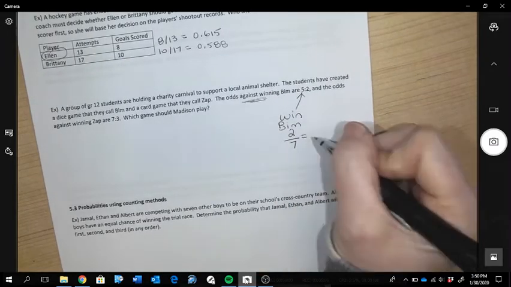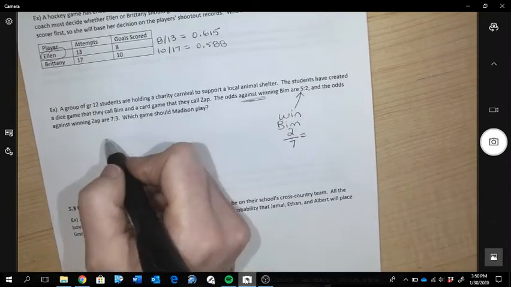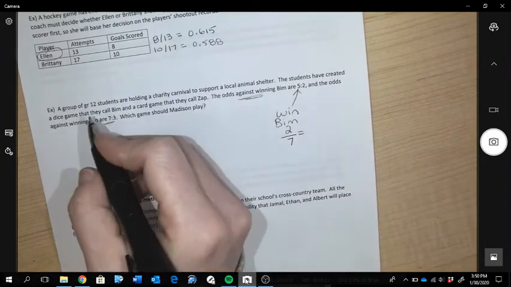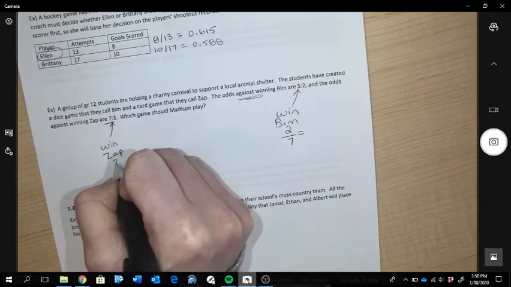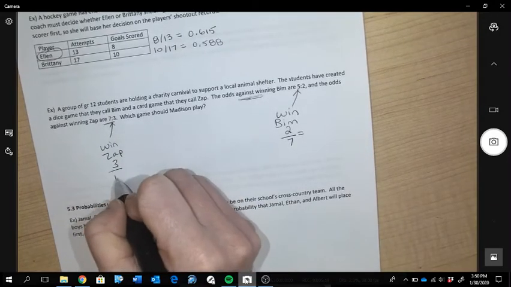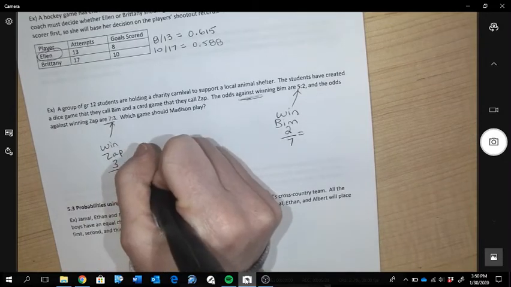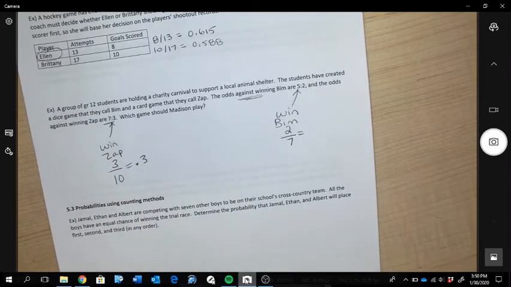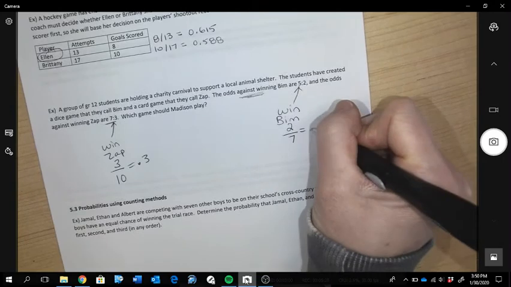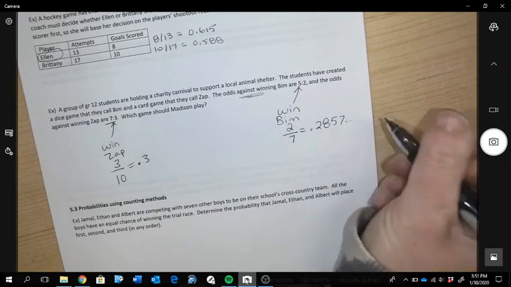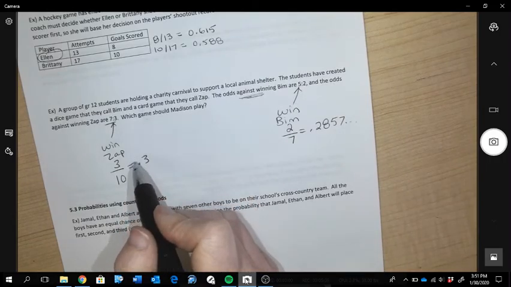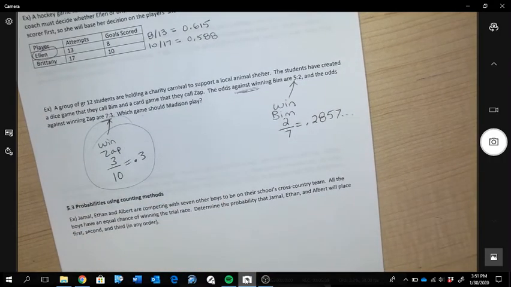That would be the probability to win that game. So the odds against Zap. So now to win Zap, there's 3 out of 10. So I know that is a 0.3 if we want to compare decimals or percents, and 2 divided by 7 is 0.2857. So which game should she play? Better chance of winning Zap.